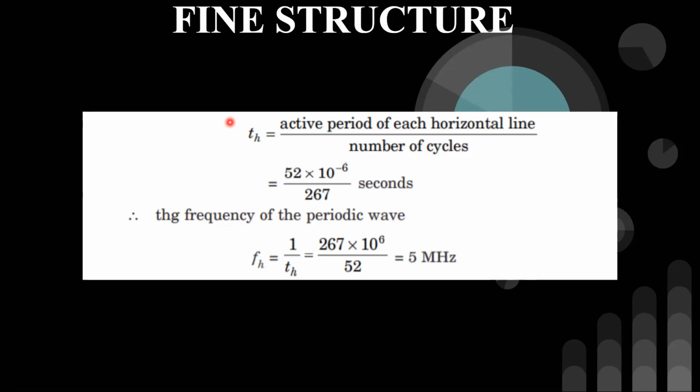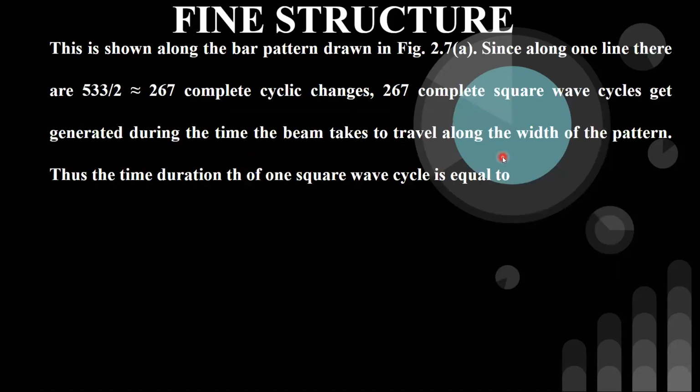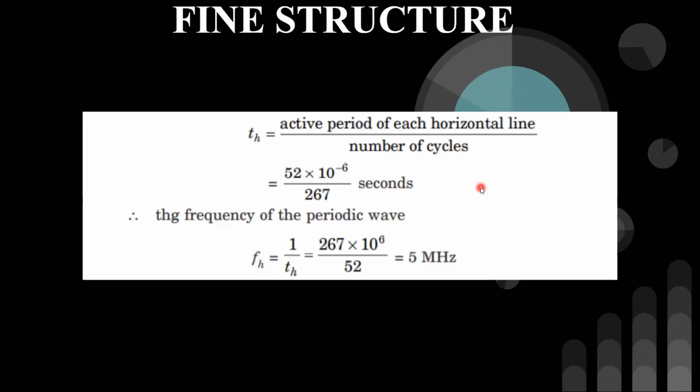What is the active period of each horizontal line? 52 into 10 power minus 6, divided by the number of cycles, which is 267. So what is the TH indicated here? The time duration of one square wave along the horizontal resolution. TH equals 52 into 10 power minus 6 divided by 267.